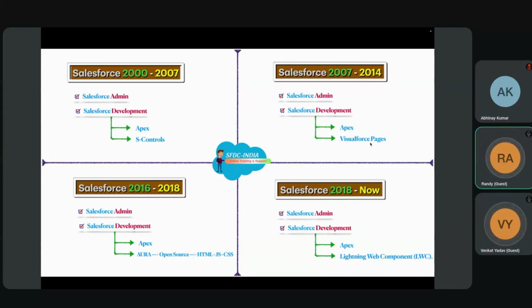If you build an application, that page will open happily on the desktop, but it will not open if you open it through mobile. That is the main problem. That's the reason Salesforce brought Aura components. Through Aura components, using HTML, JavaScript and CSS, they build Lightning components.